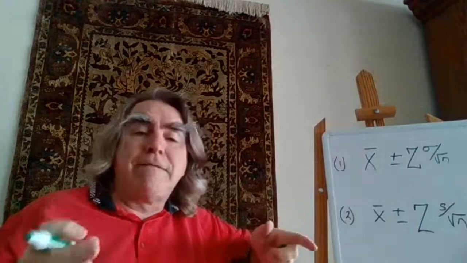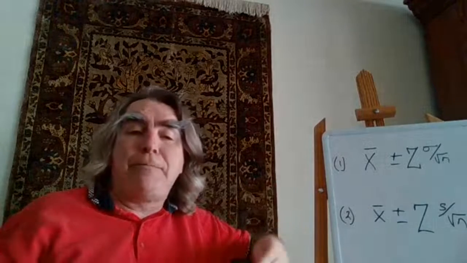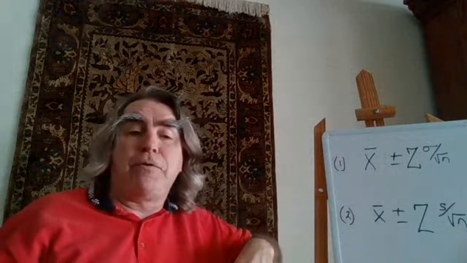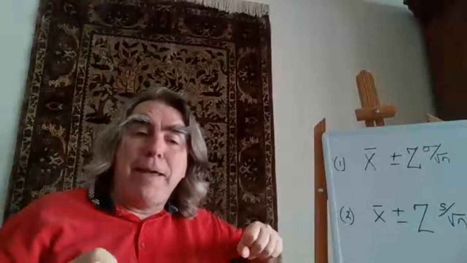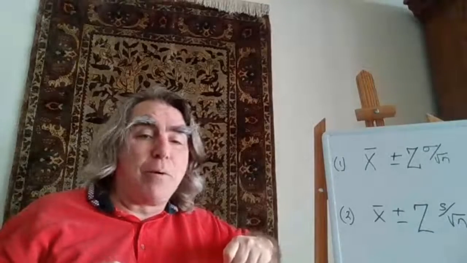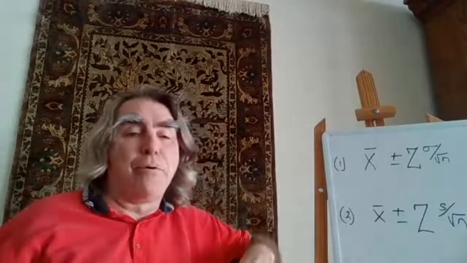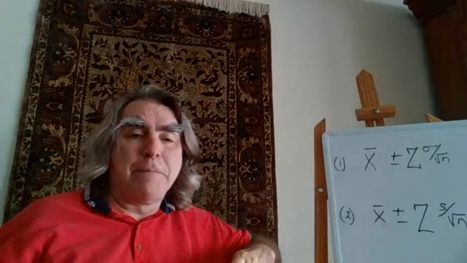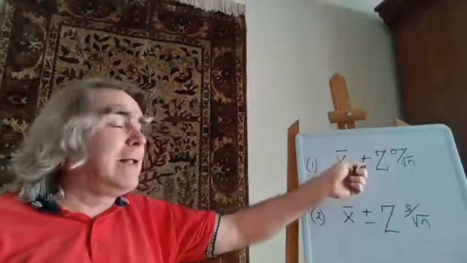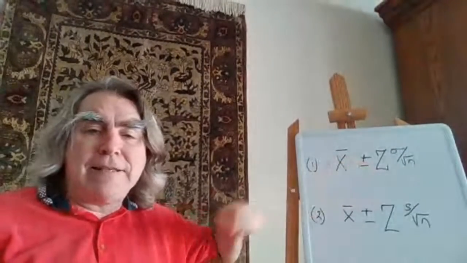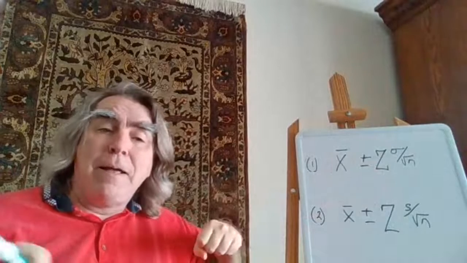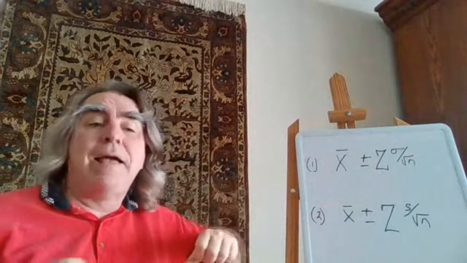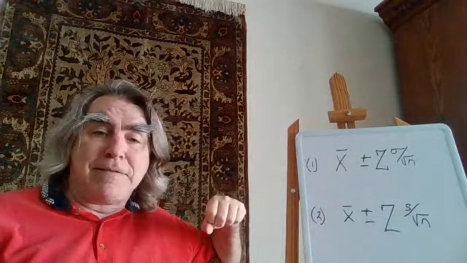Or we are 70% sure, or 80% sure, or 90% sure. The more sure I want to be that I don't say something wrong, the more padding I have to put on both sides, right? And what this formula tells us is how much padding we have to put on the positive side and how much padding we have to put on the negative side.